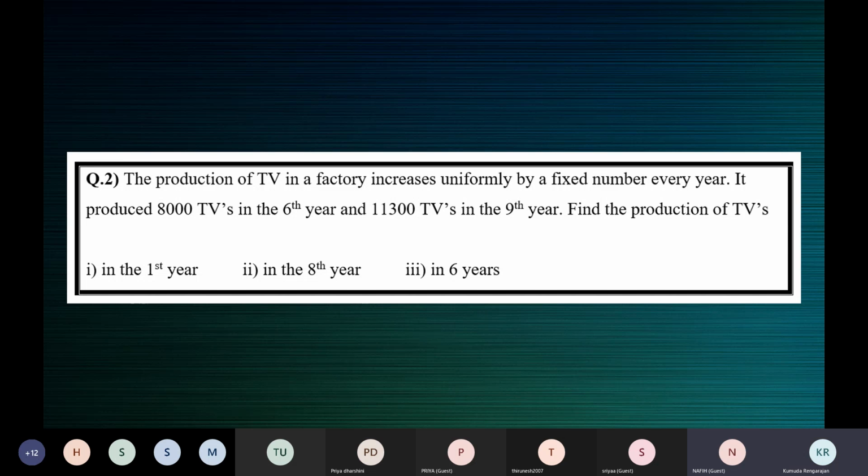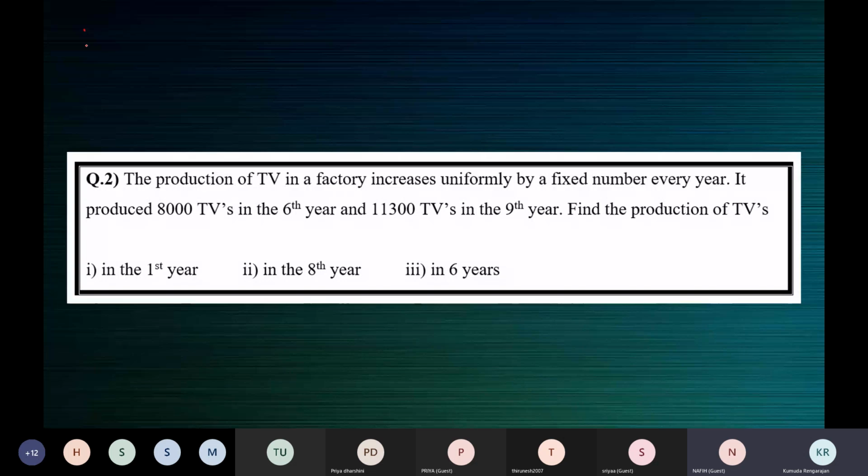So you need to understand what it means if the production of TV in a particular year is a term. The company produces televisions, and every year the production increases by a fixed value.